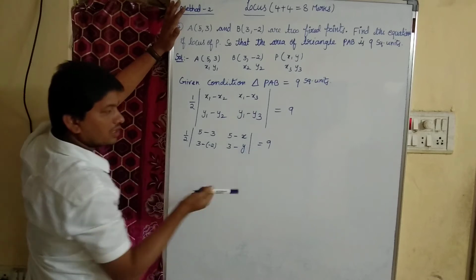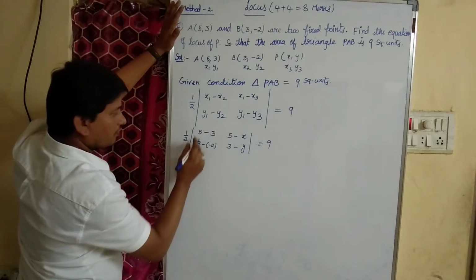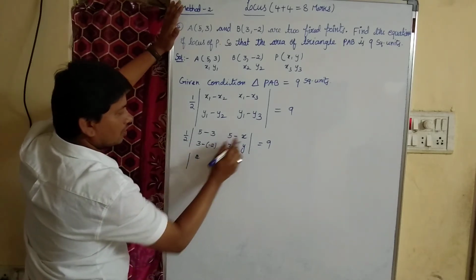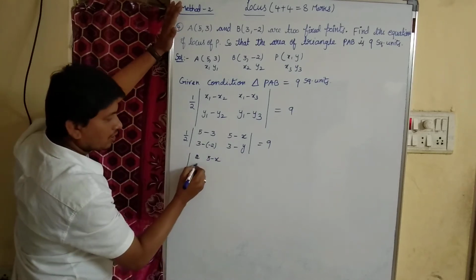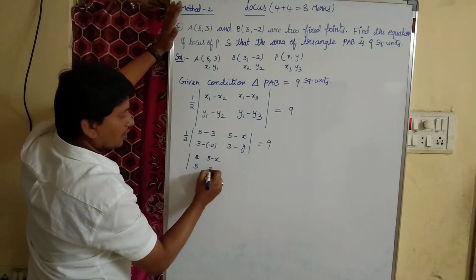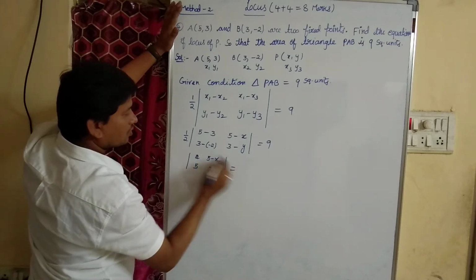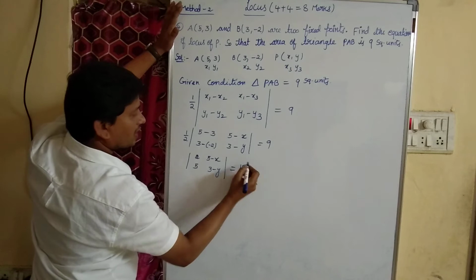If you transpose, it will multiply, right? Modulus of 5 minus 3, that is 2, and 5 minus x, 3, minus into minus plus, that is 5 and 3 minus y, which is equal to 2 into 9, that is 18.